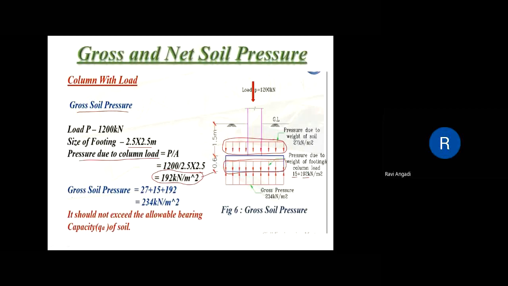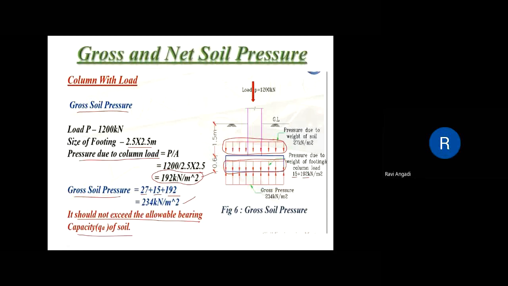Then if you want to calculate the gross soil pressure, how will you calculate? It will be 27 plus 15 plus 192. Whenever you calculate the gross soil pressure, it should not exceed the allowable bearing capacity of the soil. That is the limiting value of the soil pressure; if it exceeds that, then the foundation may fail.